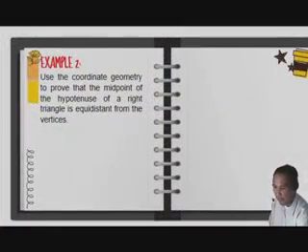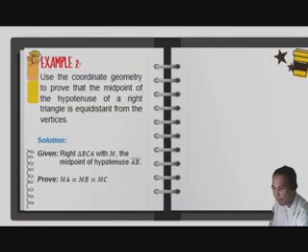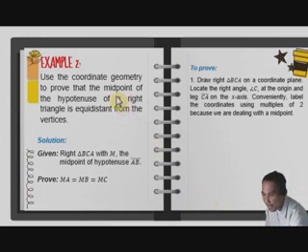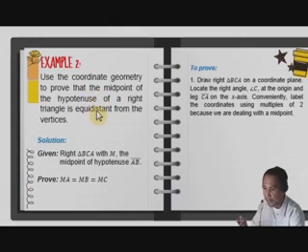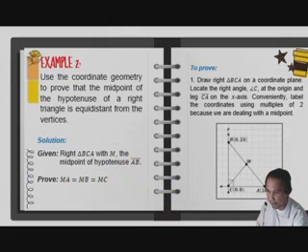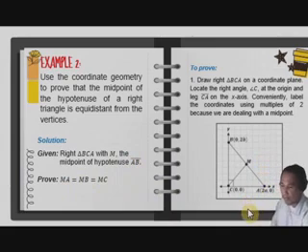Let's proceed to example 2. In this problem, the midpoint of the hypotenuse of a right triangle is equidistant from the vertices. This is our drawing.